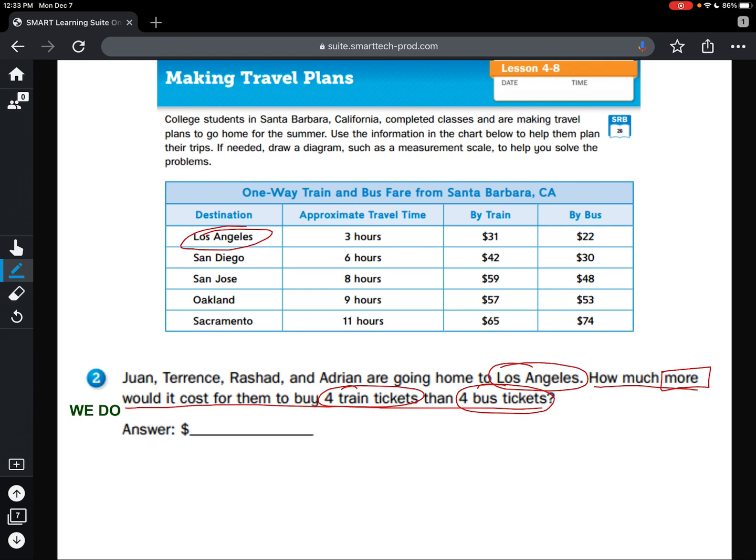So we have to compare the cost of 4 train tickets to the cost of 4 bus tickets, and then we have to subtract to find that difference. That'll tell me how much more. So the first thing I need to do is find the cost of 4 train tickets.